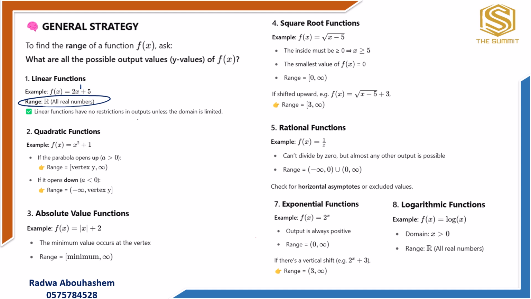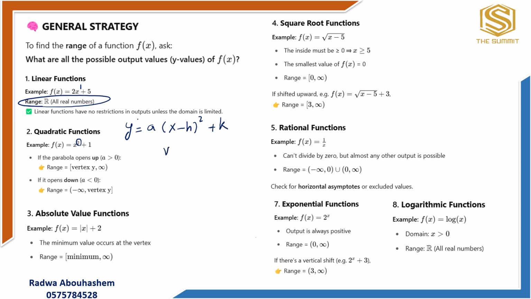Now for the quadratic function, quadratic means that you have x power 2, okay? And all the time you have to pay attention to the vertex. Originally, the quadratic function is written like this: y equals a times (x minus h) all to the power 2 plus k.